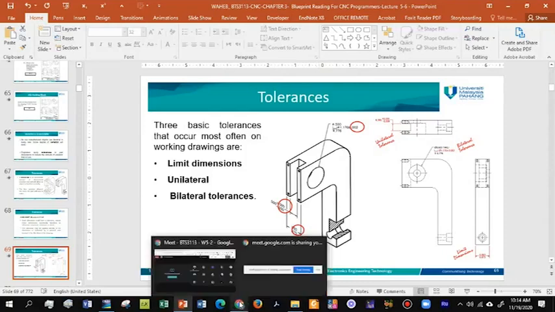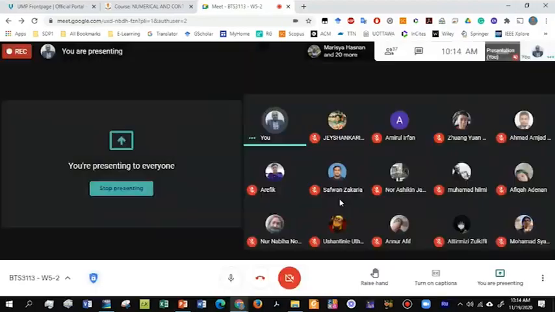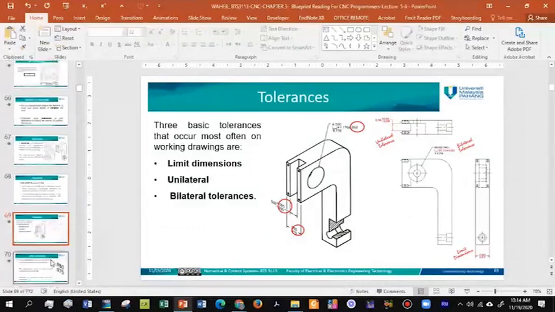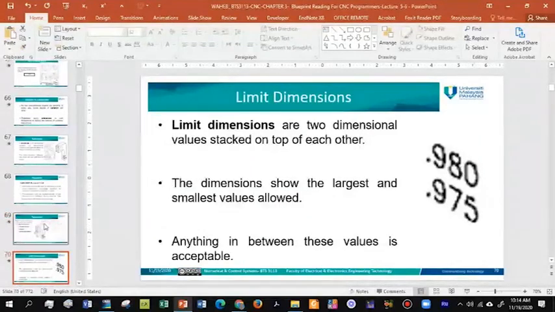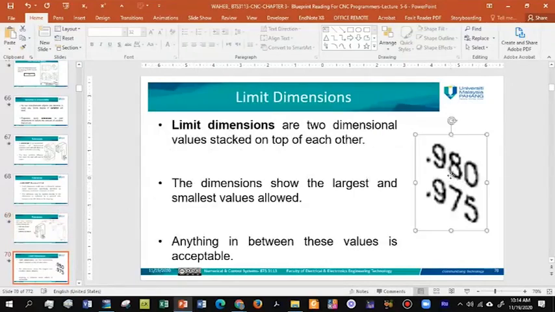I mean the dimension should be within the defined range of this tolerance, no more, no less. As you can see in this figure, if you want the limit dimension tolerance, it will look like this one.